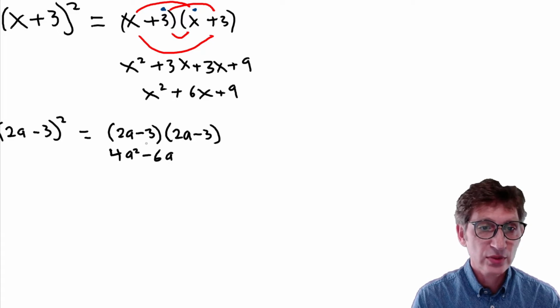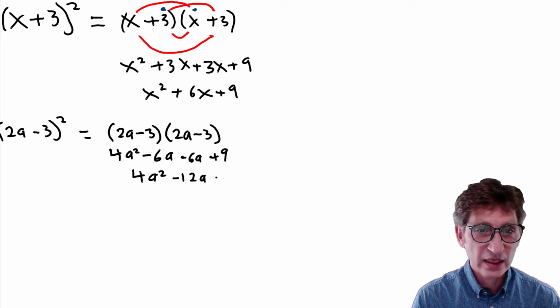The inner terms, negative 3 times 2a is negative 6a also. Negative 3 times negative 3, be careful, you multiply the negative times the negative, giving us a positive 9. Add the two terms in the middle, 4a squared minus 12a plus 9.